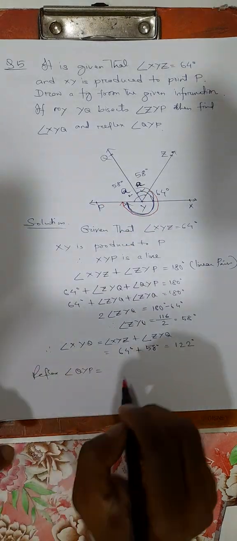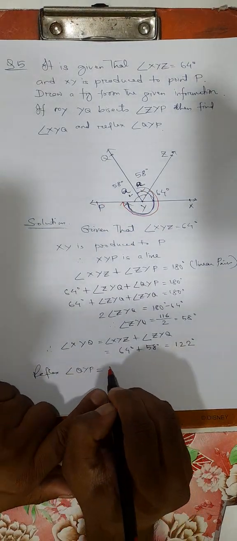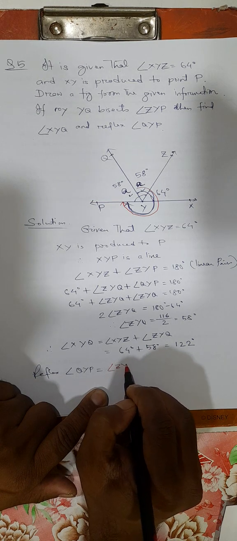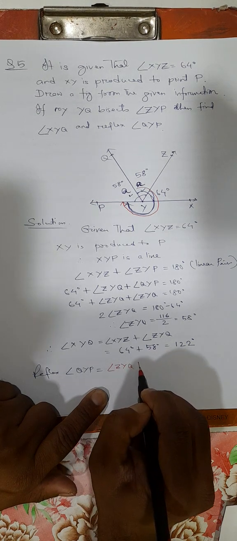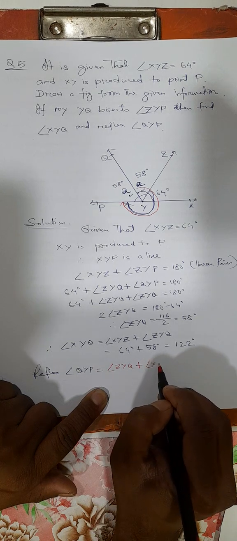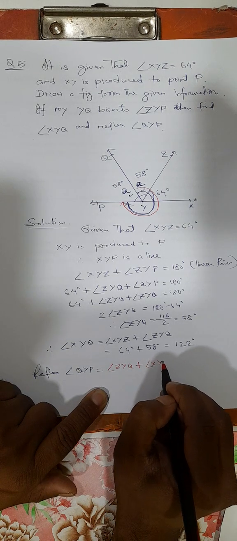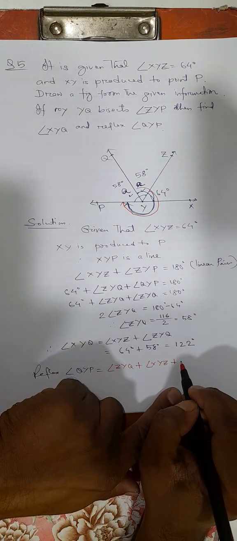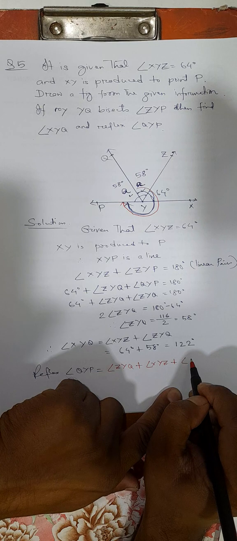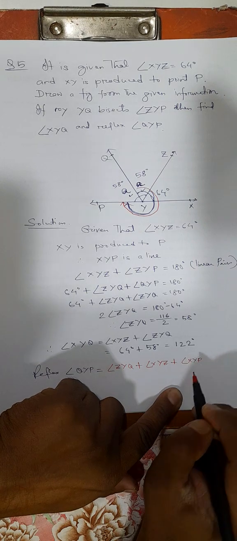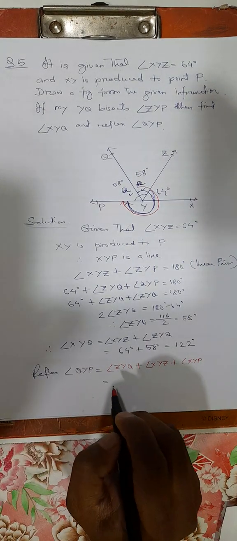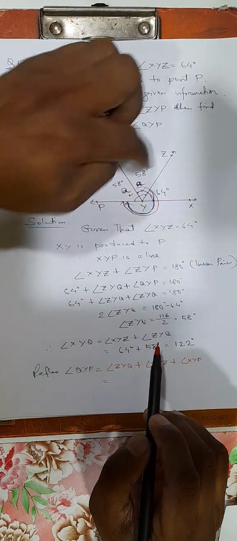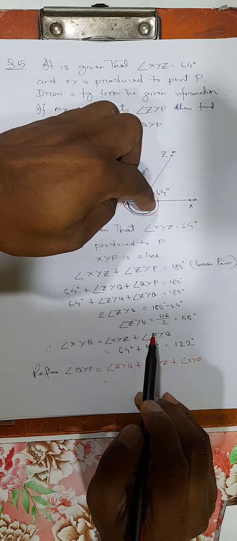So reflex angle QYP equal to the sum of angle ZYQ plus angle XYZ plus angle XYP. So reflex angle QYP is the sum of this angle plus angle XYZ plus this angle XYP.